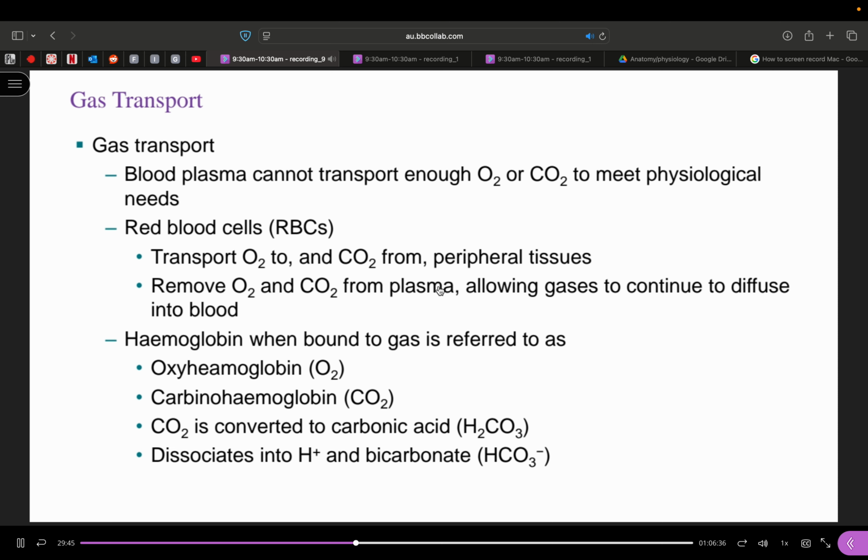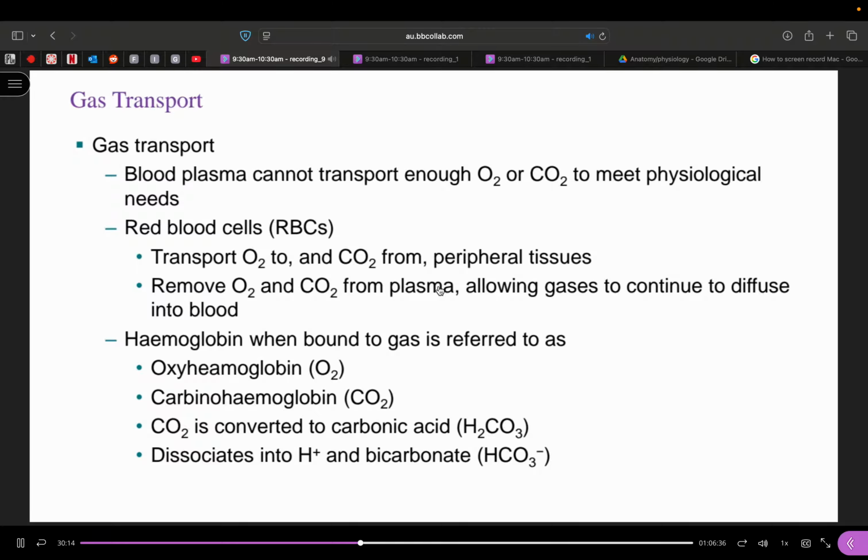Basically, what happens with the carbon dioxide that's in our blood, particularly in our plasma and in our red blood cells, is it will get converted to carbonic acid. Then it will dissociate from carbonic acid into a protonated hydrogen, which will normally go off and participate in other redox reactions, or if the body already has enough positively charged hydrogens knocking about, that'll go to the kidney to be excreted in your pee.